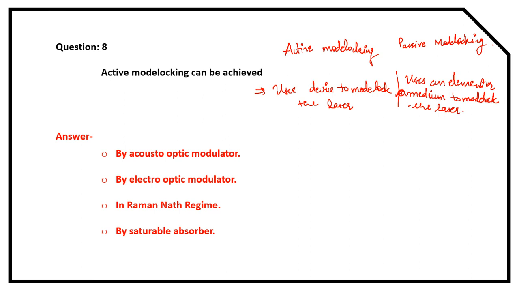Got it? Now, active mode locking can be achieved by acousto-optic modulator, by electro-optic modulator, in Ramatnath regime, by saturable absorber.